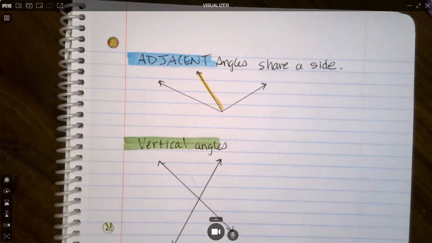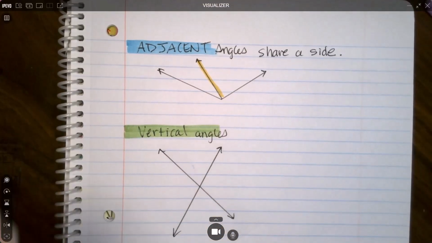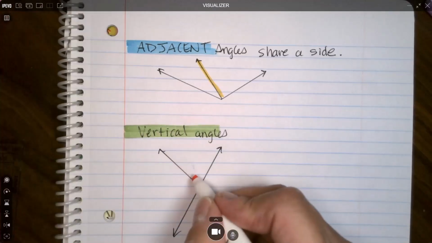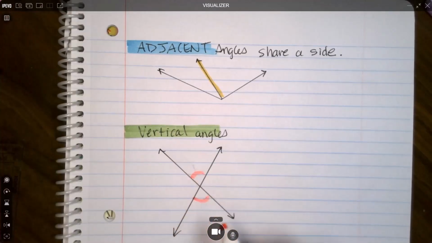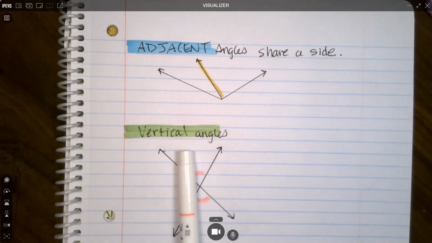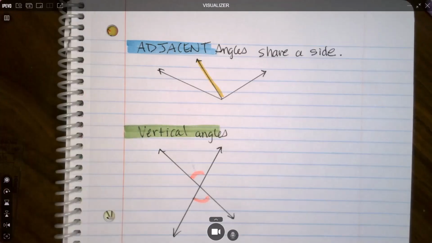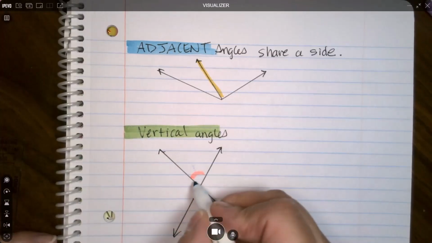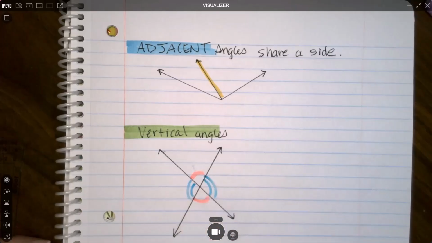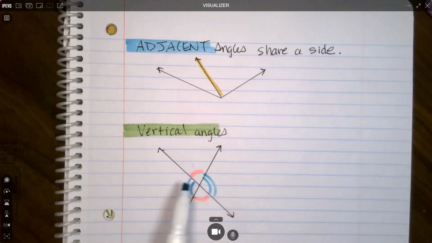Vertical angles are across from each other, and what I mean by that is that these two angles are vertical. They're vertically across from each other, and if you understand the word vertical, that makes sense because they're up and down, right? But of course in math it has to be a little more confusing. These two angles are also vertical angles, even though they're across from each other horizontally.